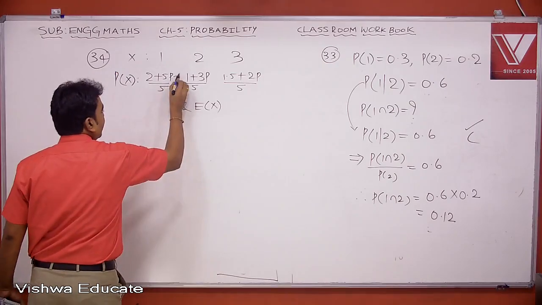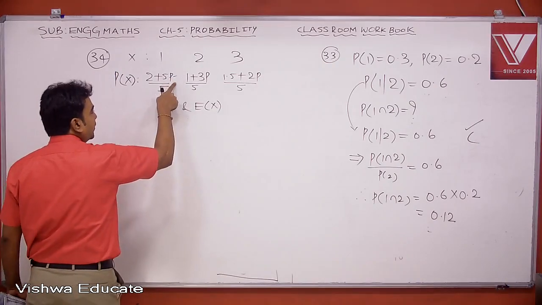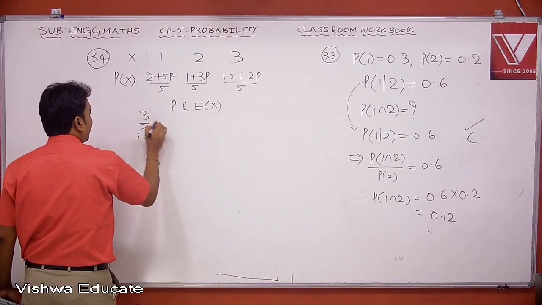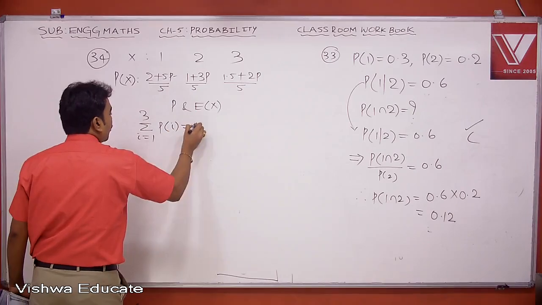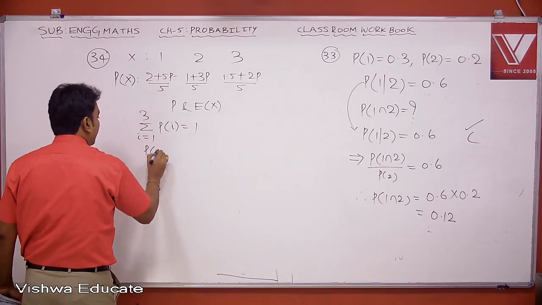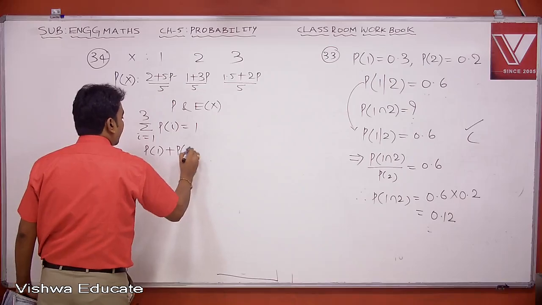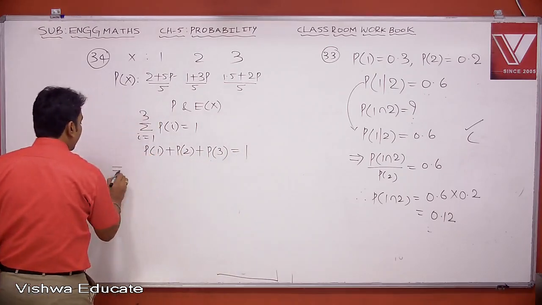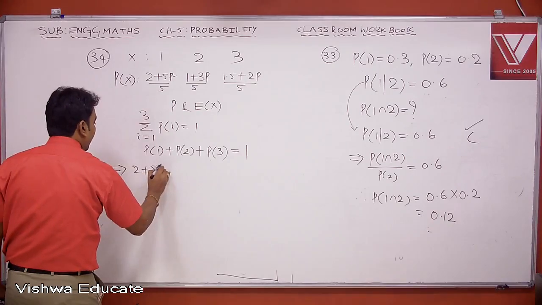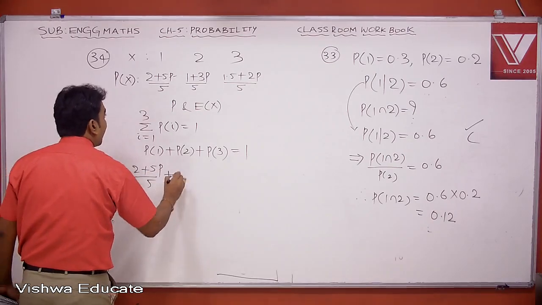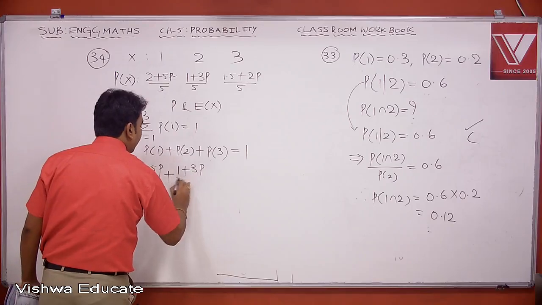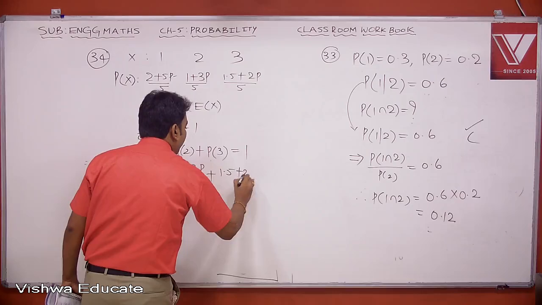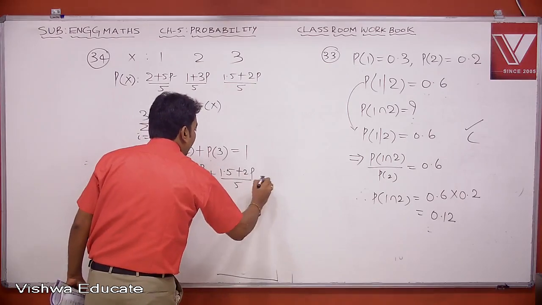Now we need to find this p value. Since it is a discrete random variable, the sum of all probabilities, sigma i equal to 1 to 3, p of i equal to 1. That is p of 1 plus p of 2 plus p of 3 equal to 1. The sum of all probabilities must be equal to 1. This implies 2 plus 5p by 5 plus 1 plus 3p by 5 plus 1.5 plus 2p by 5 equal to 1.